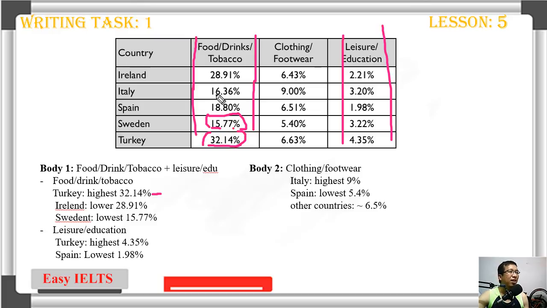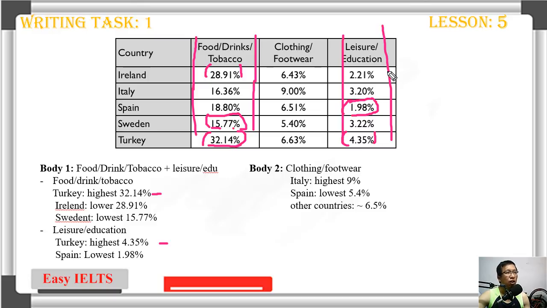You can pick up Italy or Spain in particular, but I'll just pick up this one, Ireland. So we'll say Ireland lower and Sweden lowest. And move on to leisure and education. You can clearly see Turkey is highest and Spain is lowest. That's enough.